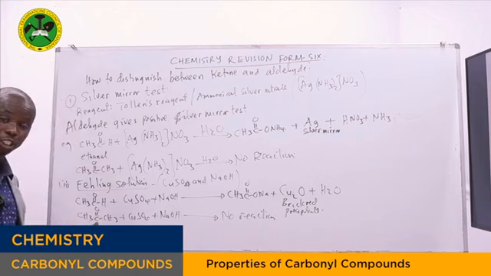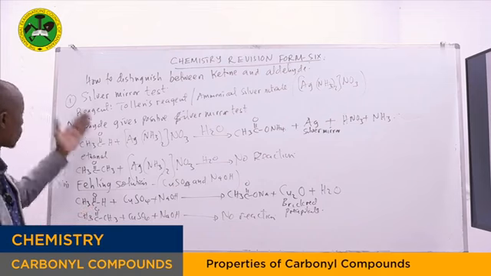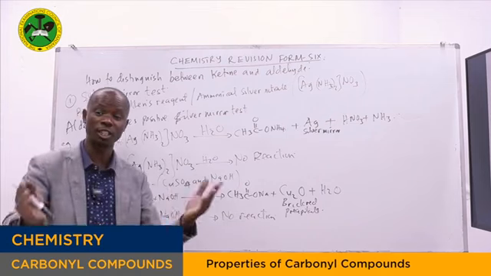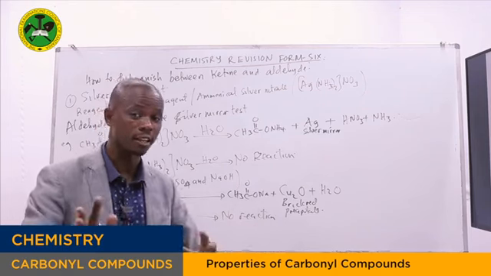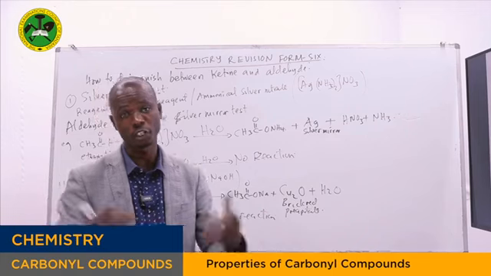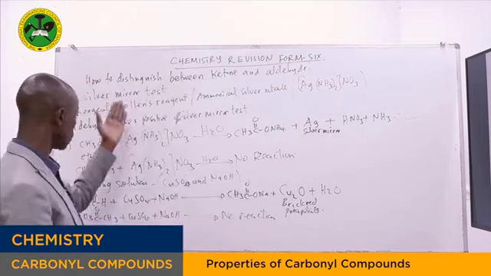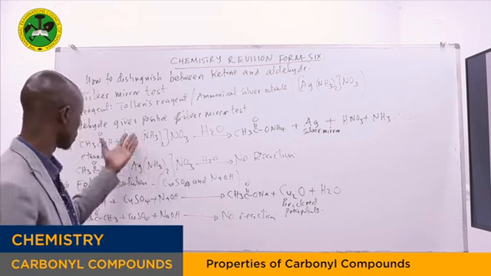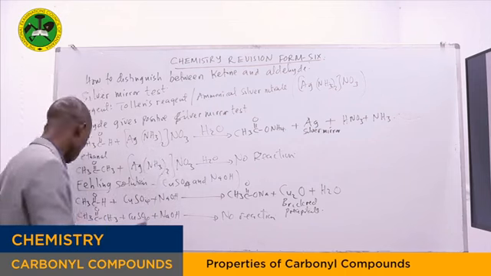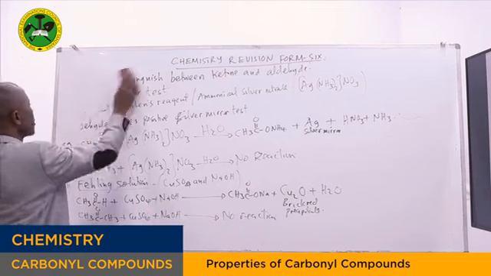Because it lacks a hydrogen atom on this carbon carrying the carbonyl group. So that is the second way of differentiating between ketone and aldehyde. So if you are asked in the national examination, for example, to tell the differences between ketone and aldehyde, you can use the two reagents to differentiate.